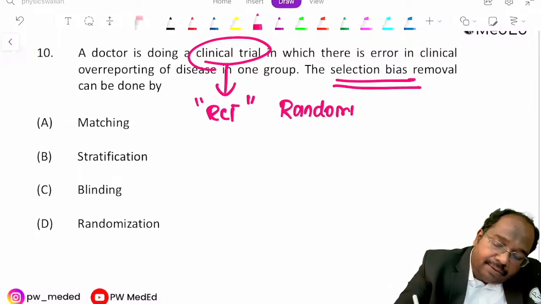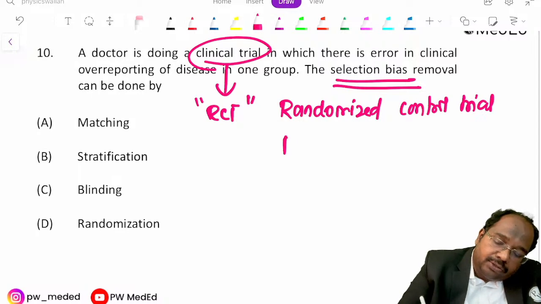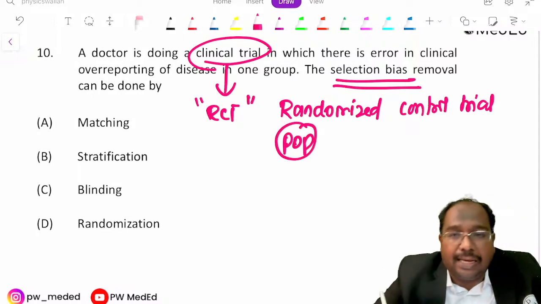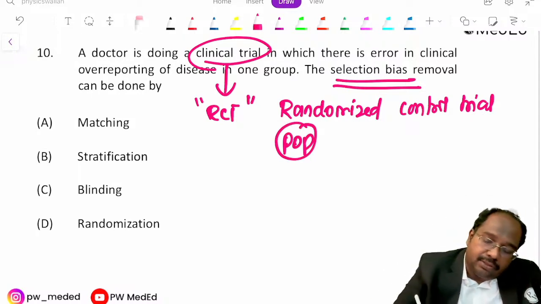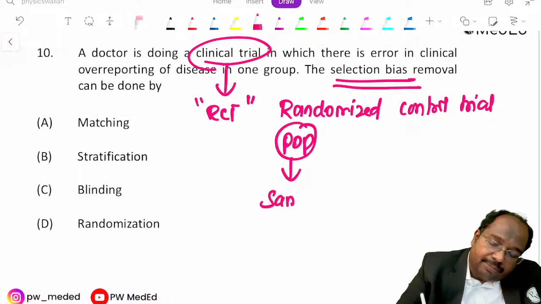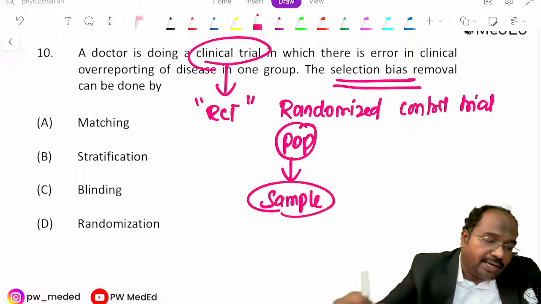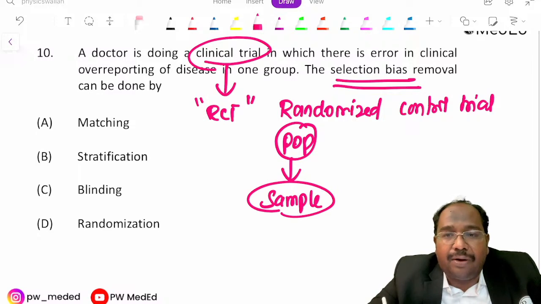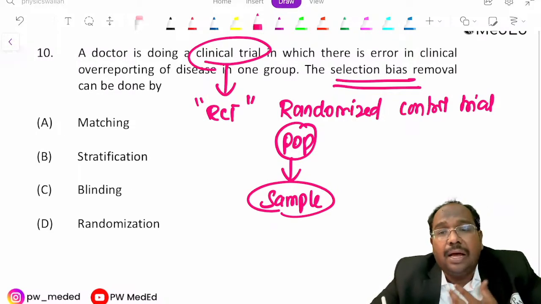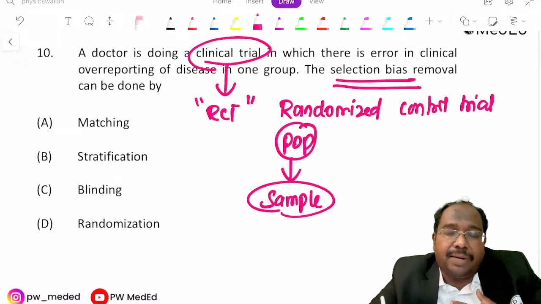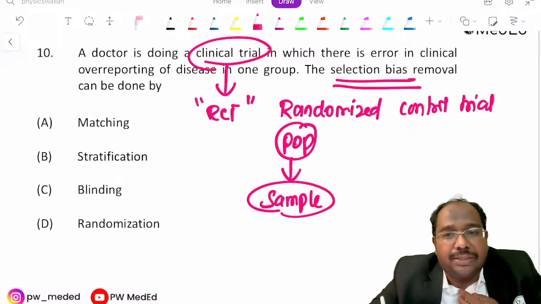RCT means randomized control trial. You are going to give a drug to a population. You select a sample. Suppose I have 2 drugs available and I want to find whether my new drug is better than the existing drug for hypertension.